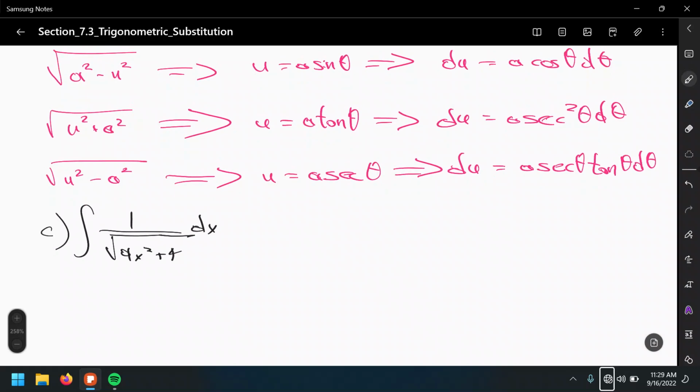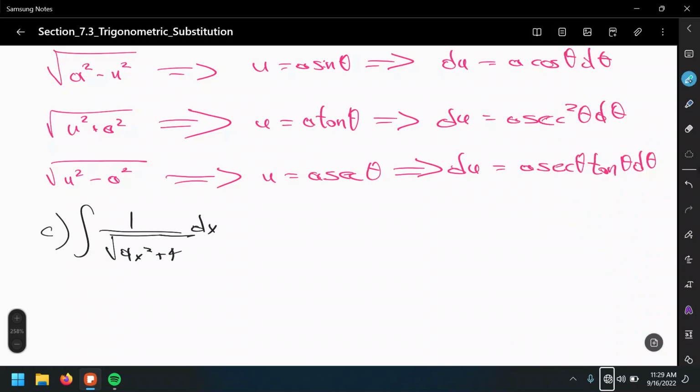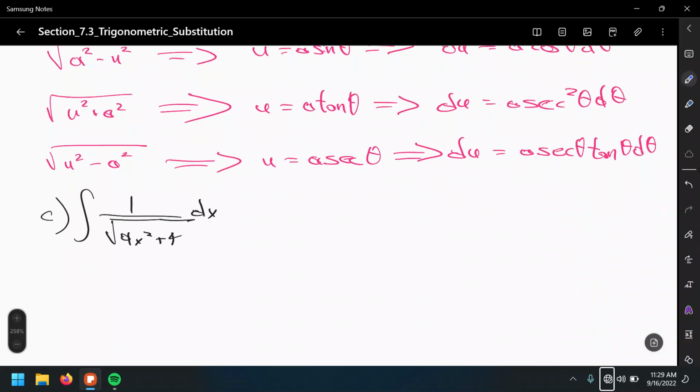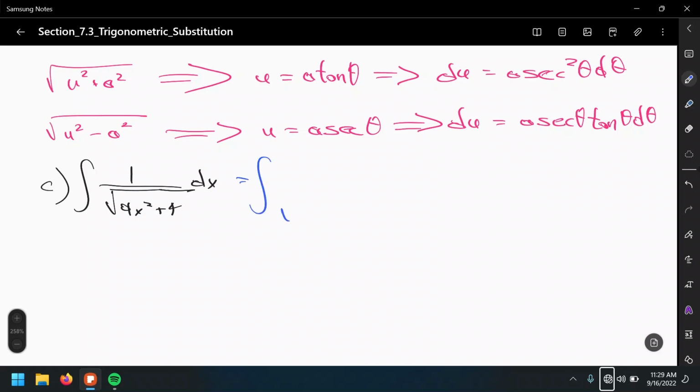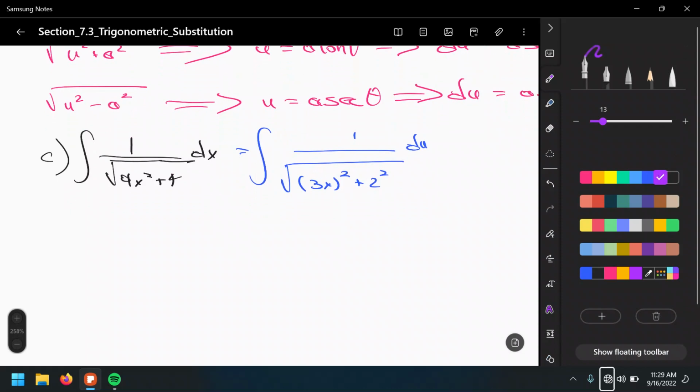Well, number 1, this looks like a sum of squares. That has to be the substitution u equals a tangent. In this case, let's rewrite the integral to identify the u and the a. That's the square root of 3x squared plus 2 squared. This means this is the u, and a is 2.